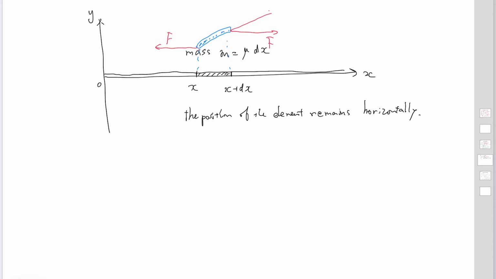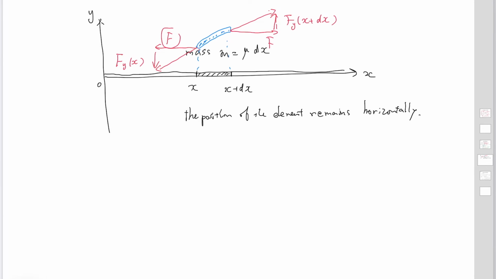This F is the same. This is the total F. Then the horizontal component is F sub x at x plus dx, and this is F sub x at x.